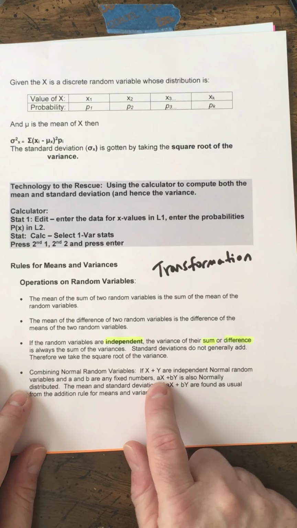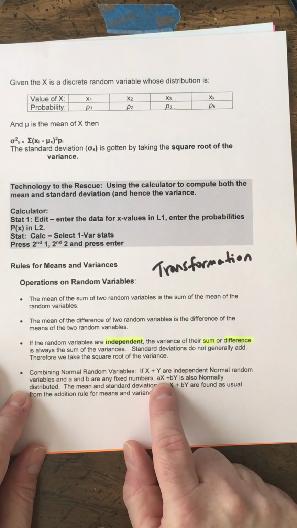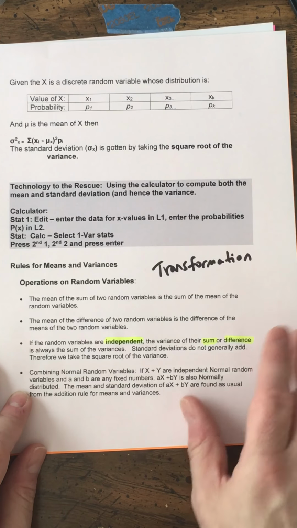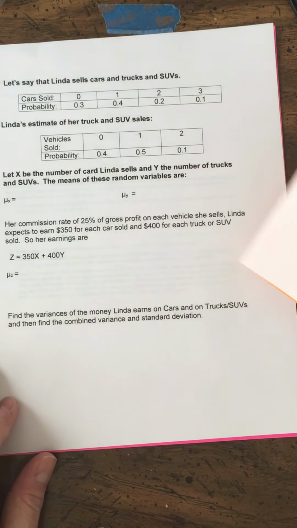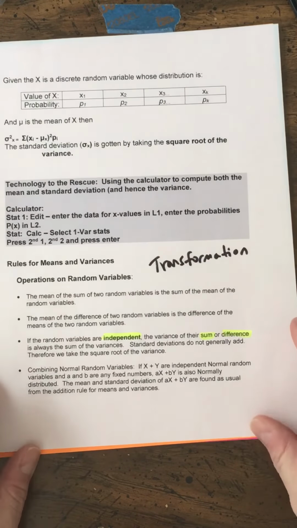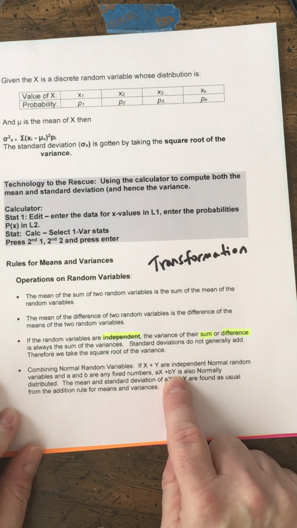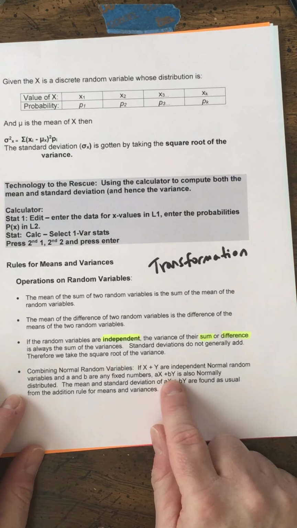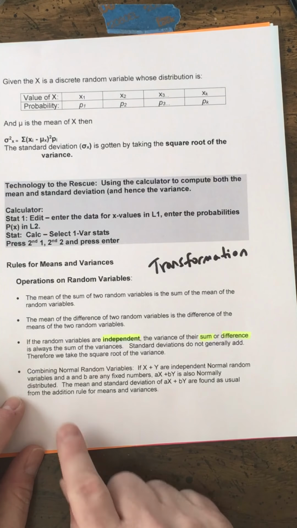You could literally just multiply 350 times x, and we're going to look at her truck sales. I think she makes $400 per truck. Let me look at the next page. Yeah, $400 per each SUV or truck, $400 times the number of trucks she sells, and that new variable, ax plus by, is also normally distributed.